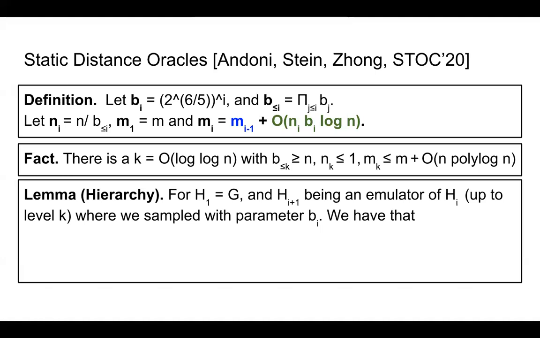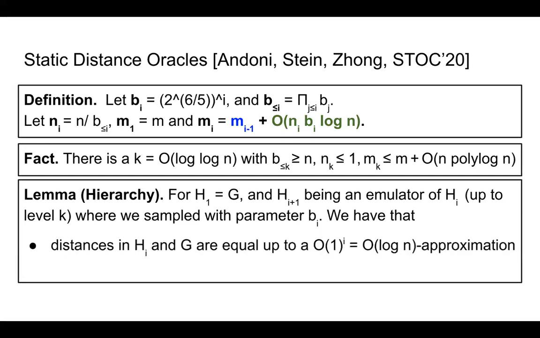And in each level, we sample with this increasing parameter b_i. Okay. And what we'll have is that the distances in H_i and G are equal up to a constant to the i factor. And now since the largest level is K, which is log n, we just get a log n approximation in H_K to G, and of every H_i to G.